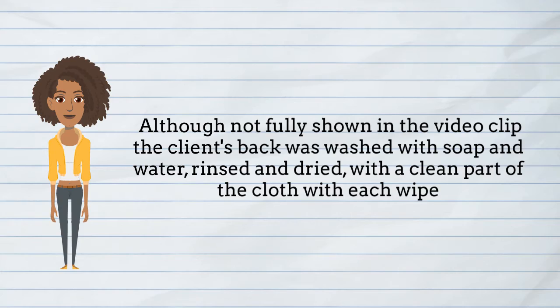Flip the rag, and then on the inner, flip, inner, discard. And with a separate towel, we're going to make sure the patient is dry. Although not fully shown in the video clip, the client's back was washed with soap and water, rinsed and dried, with a clean part of the cloth with each wipe.